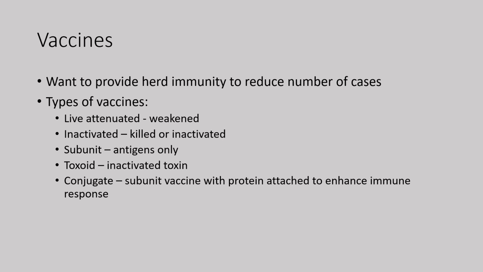And so in the unvaccinated community, you're seeing an increase in the number of cases of some of these diseases. And we have vaccines that can prevent that. The specific diseases we'll talk about in following sections.